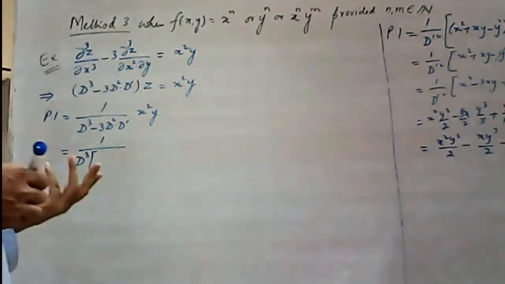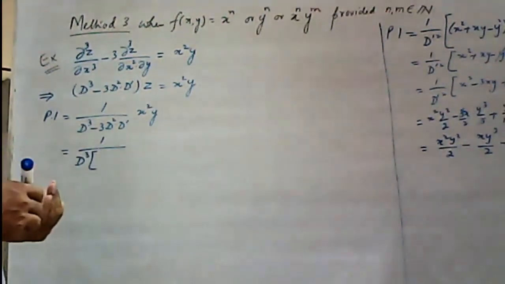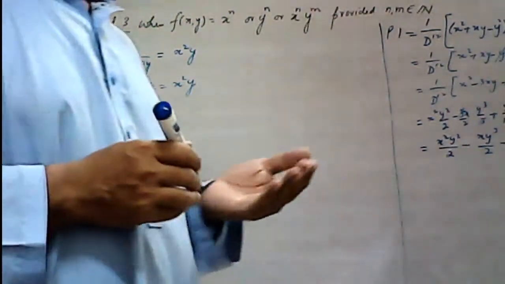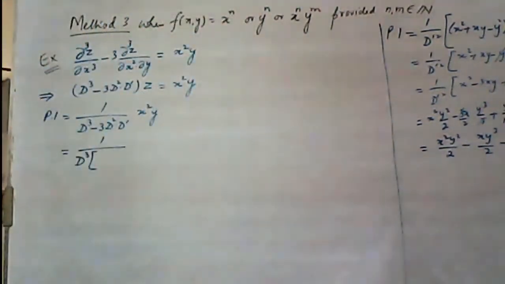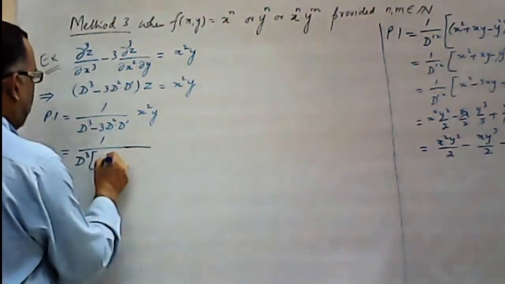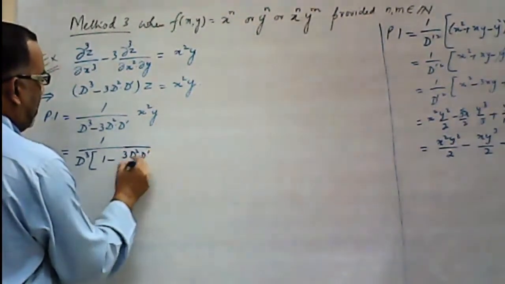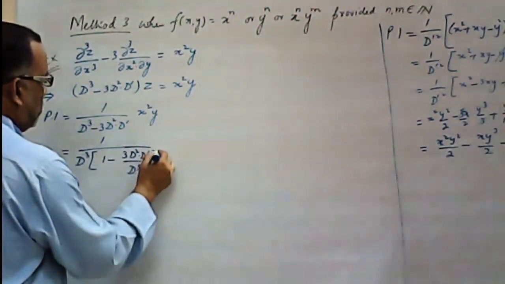Both methods are absolutely correct. Since in the previous scenario I took D dash common, in this case I am taking D common, so you have both kinds of tests. So it means 1 minus 3D square D dash upon D cube.